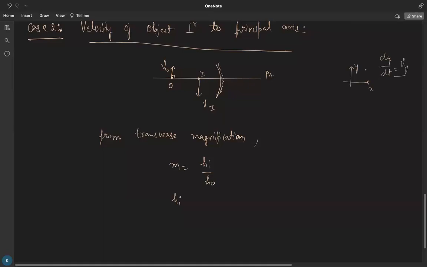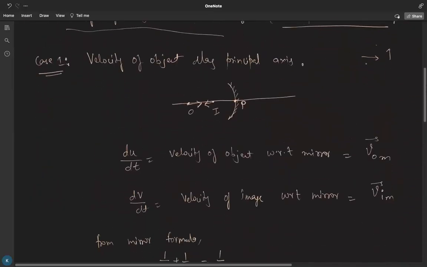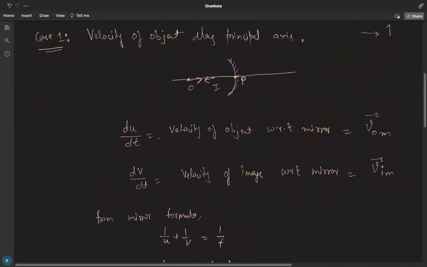Look at here. In the previous one, when the velocity of the object is in the direction of the principal axis, we did du by dt and dv by dt, because u represents the distance of the object from the pole, lying in the direction of the principal axis, and v represents the distance of the image from the pole, so it is also in the x direction.